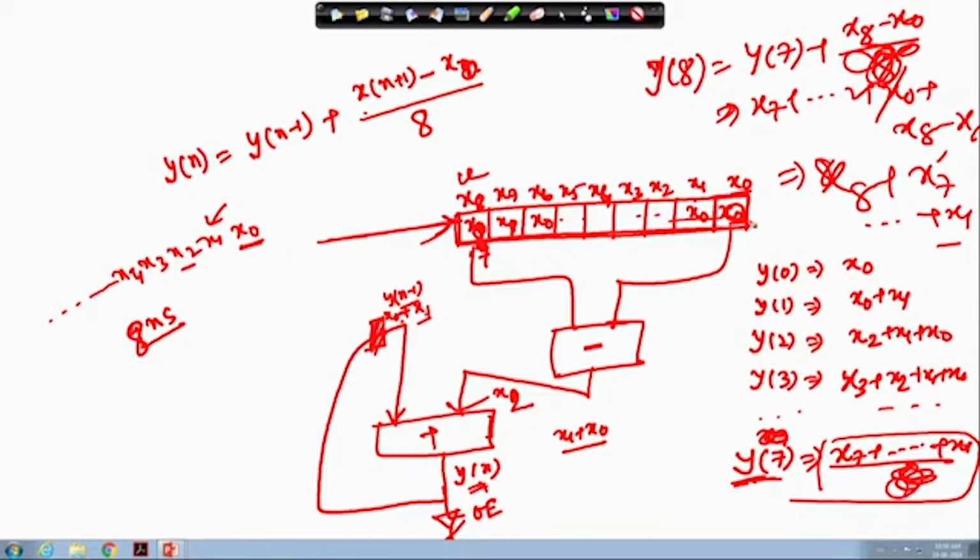Okay. So, then again if I consider this adder and subtractor delays are same, at that time 8 nanosecond delay I require for this and 8 nanosecond delay for this, and this is for 1 nanosecond.